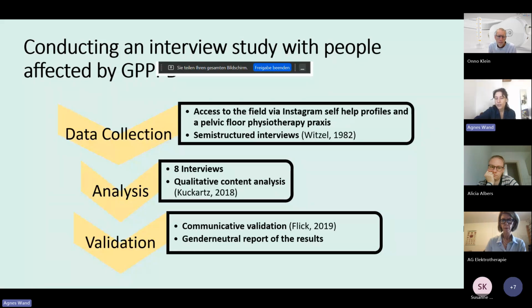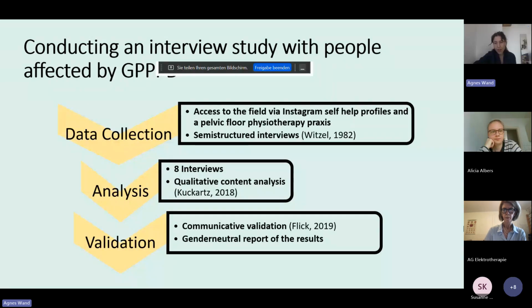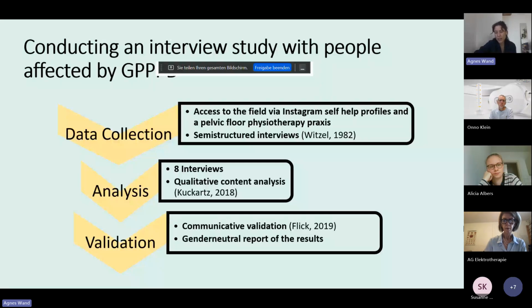They agreed and were happy with the results, but they wished for a gender neutral report, because for them, heteronormative pressure and normative gender roles, what you have to be as a man and what you have to be as a woman in society, caused so much pain that they wished that at least in the research about them and their condition and their experiences, they want to not be focused on being females, but on being human beings with this condition.